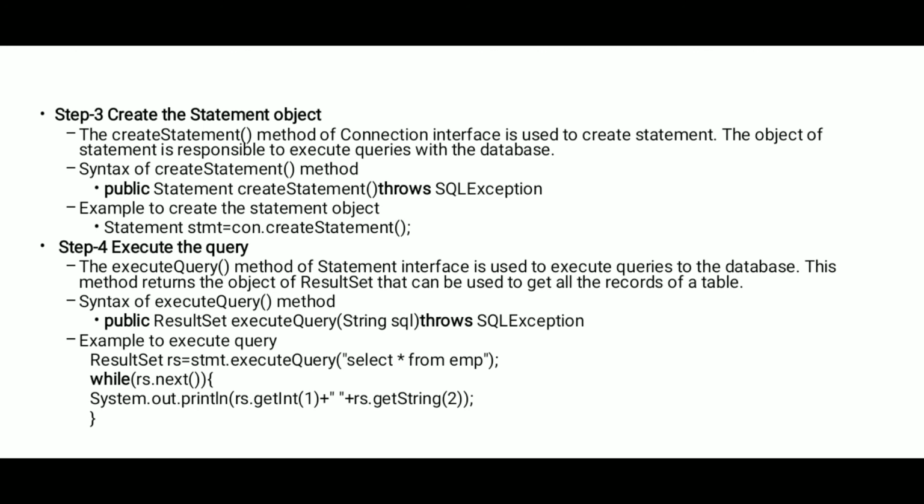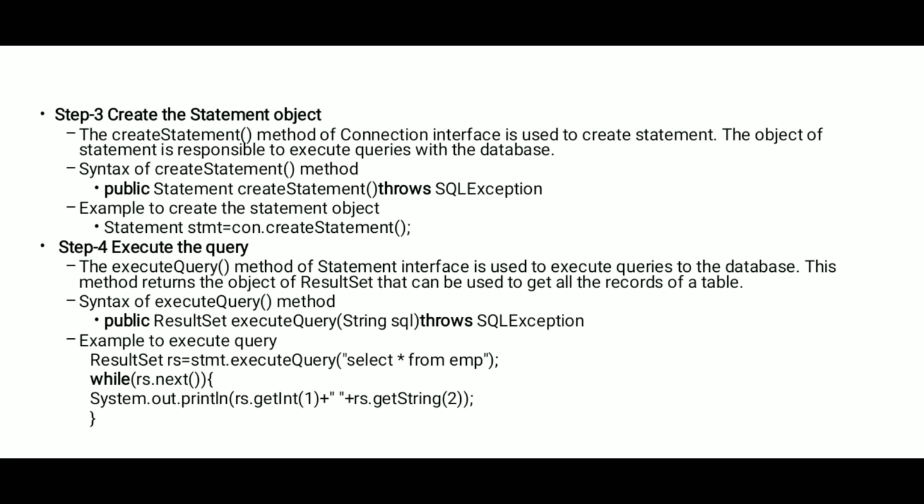It means that when you execute a query in the database some output is generated. To fetch that output there is a ResultSet object which contains all the returned data. The syntax is public ResultSet executeQuery, and in the executeQuery method we pass one parameter, that is a string SQL query, and it also throws SQLException.